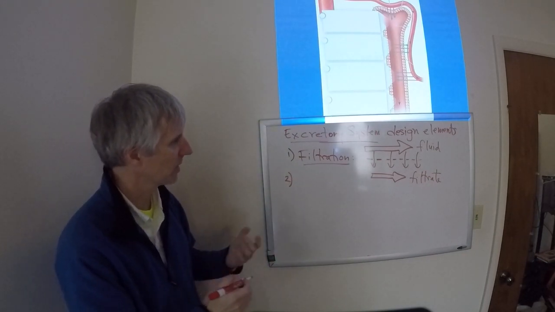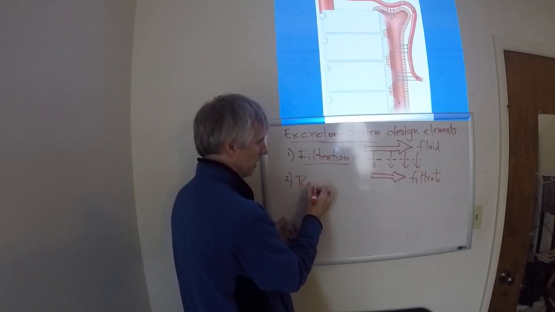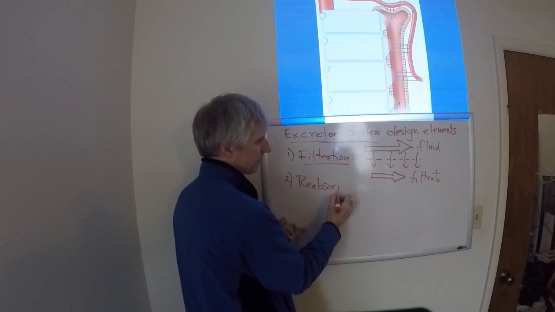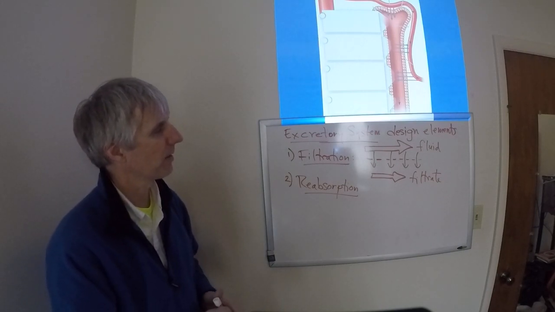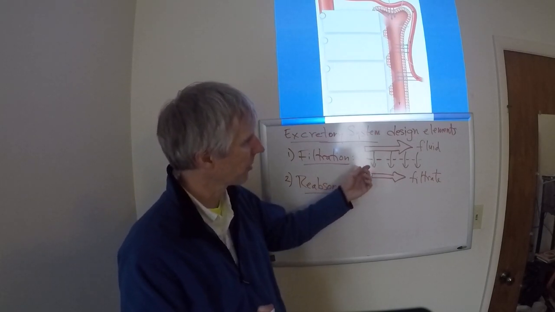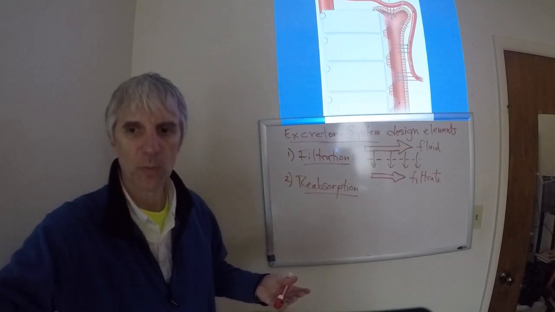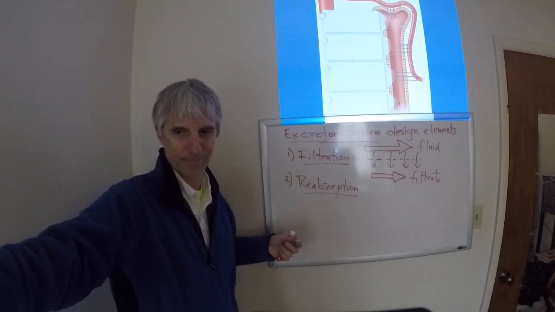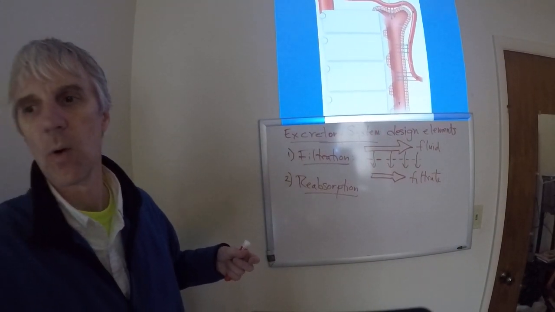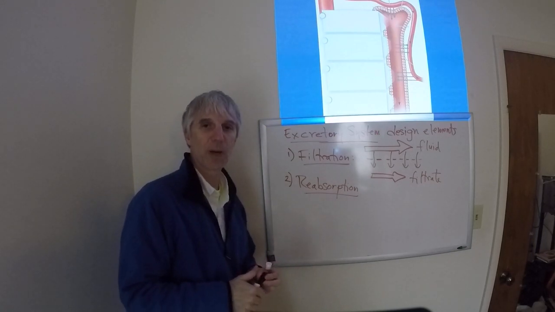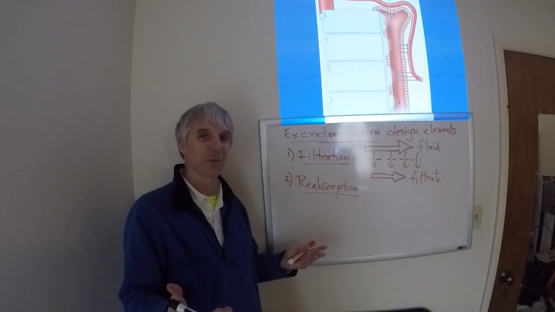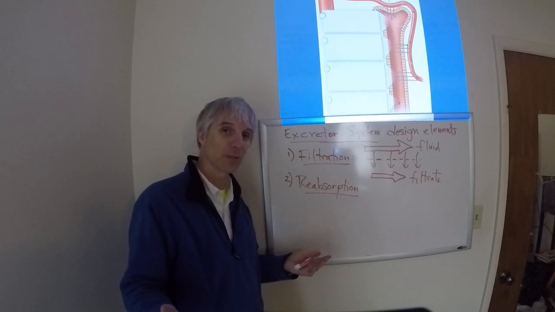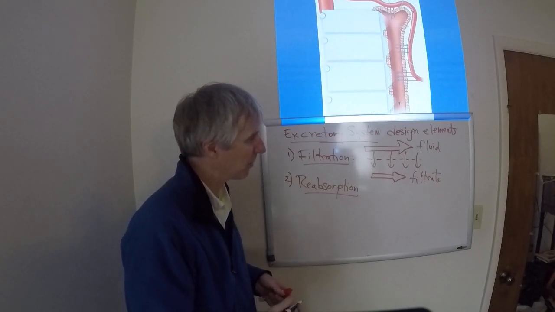All right, the second piece is reabsorption. Now, all of the stuff that got through because it was small, well, there's some small stuff I might want to keep. Calcium ions are pretty small. Well, maybe I'd like to have some of those back. Glucose is pretty small. Maybe I'd like to have that back.